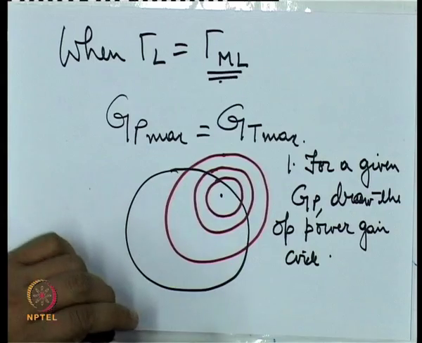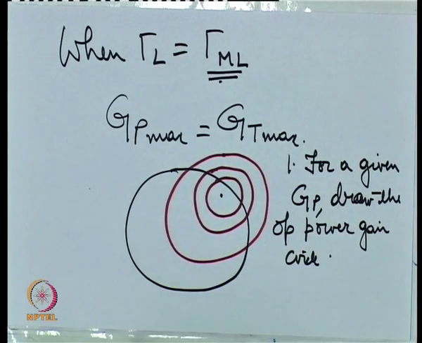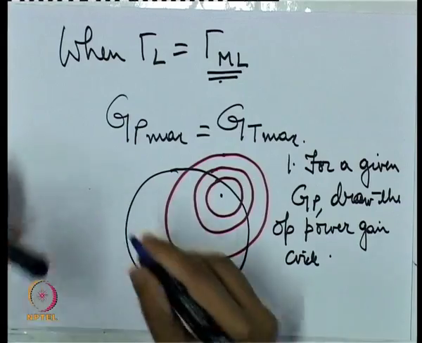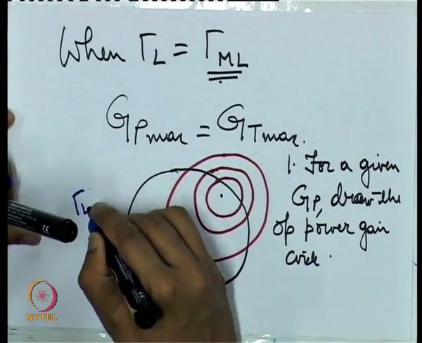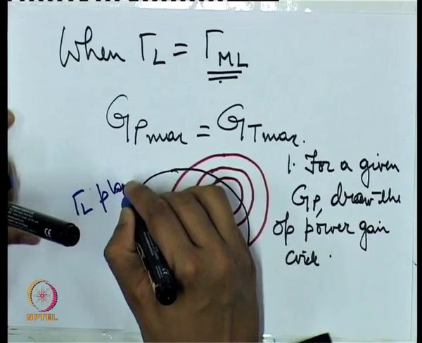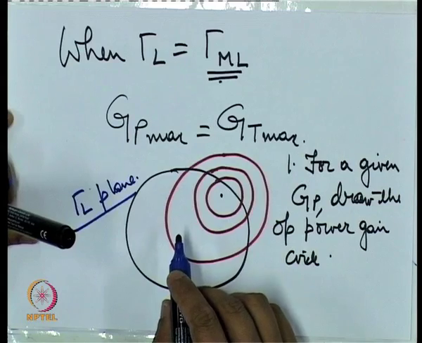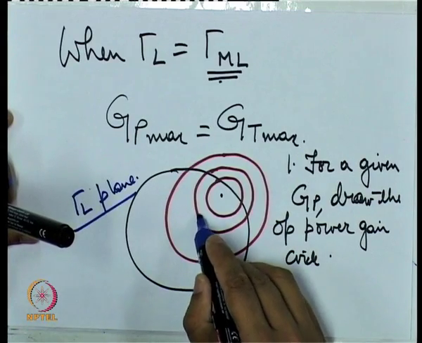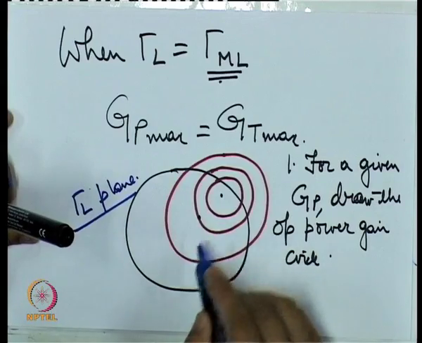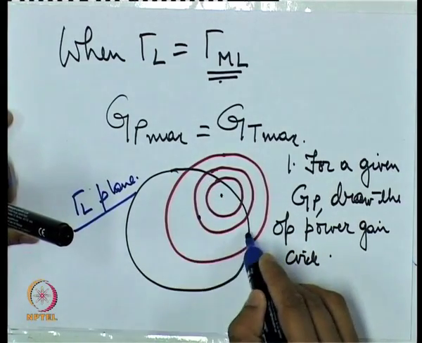Then since this is the gamma L plane, select the desired value of gamma L. So suppose this is the gain circle that you are interested in.